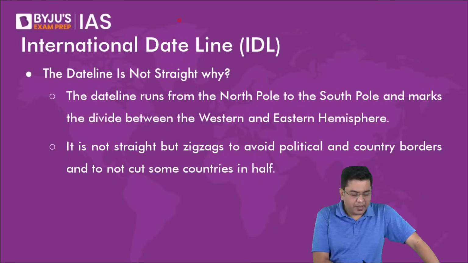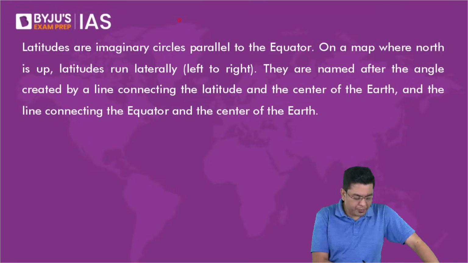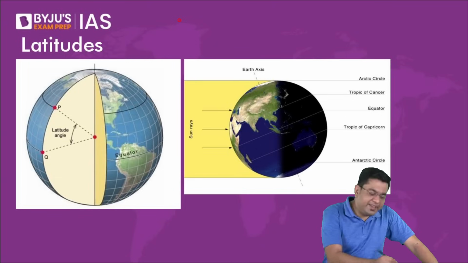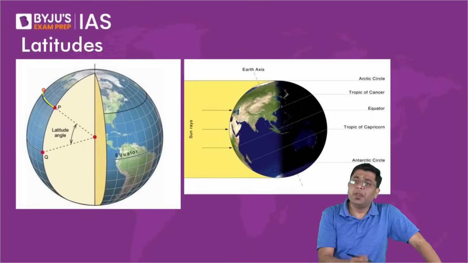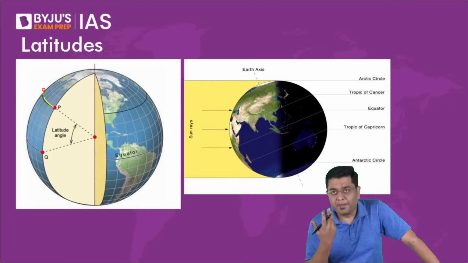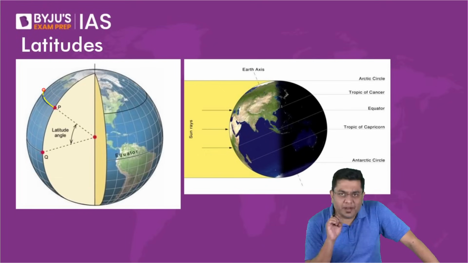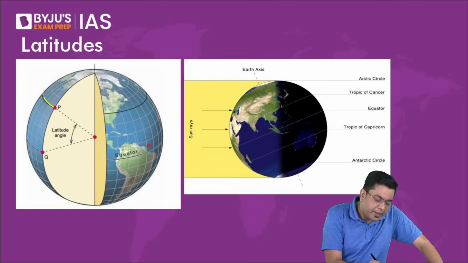If I take you back here, let's suppose, in this case, if I have to get an idea about which latitude we are talking about here, how do you calculate that? You will always calculate that with reference to equator. Equator is the largest latitude, and that is referred to as the reference latitude with 0 degree. So this is your 0 degree.